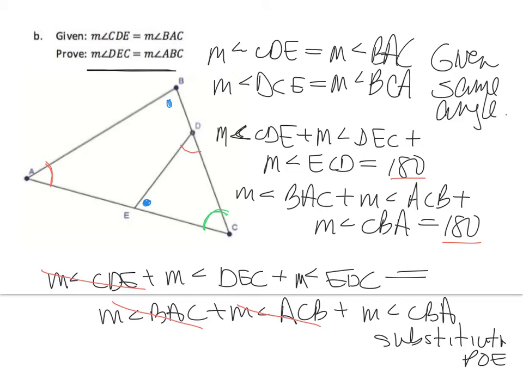So I think I might have made a mistake. I did CDE, DEC, and ECD. So I just recopied that wrong. Yep, right there. This should be here. So that's a mistake. This should be ECD. Okay? I didn't recopy it correctly.